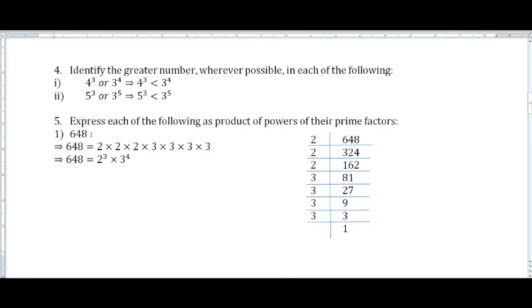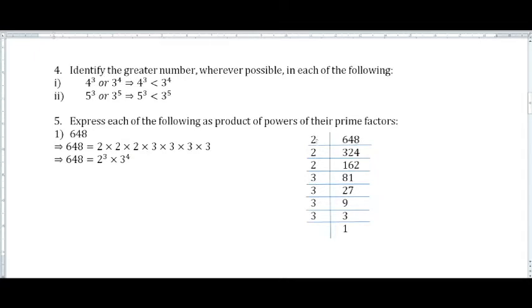Actually, prime factors means prime numbers like 2, 3, 5, 7. The smallest prime factor of 648 is 2, since the last digit 8 can be divided by 2, that means 648 can be divided by 2. So we are going to start dividing by 2. So here we have 2.